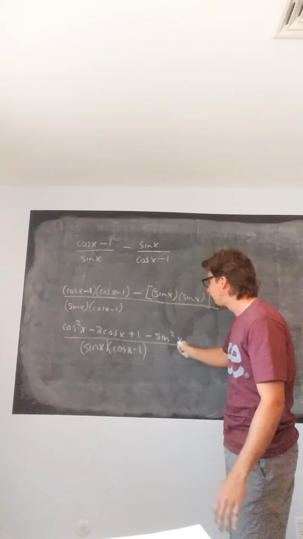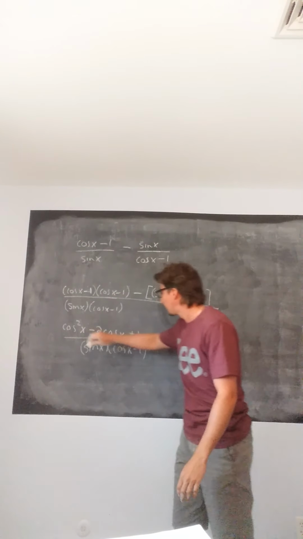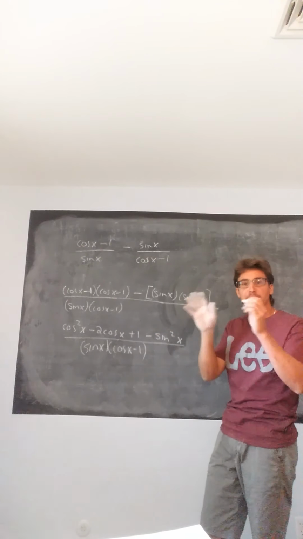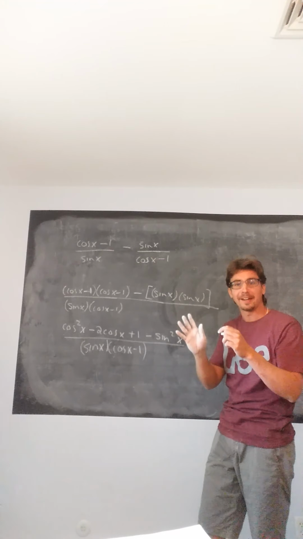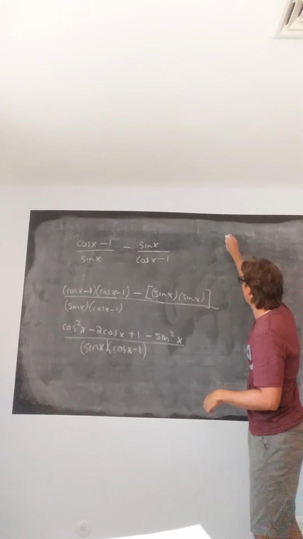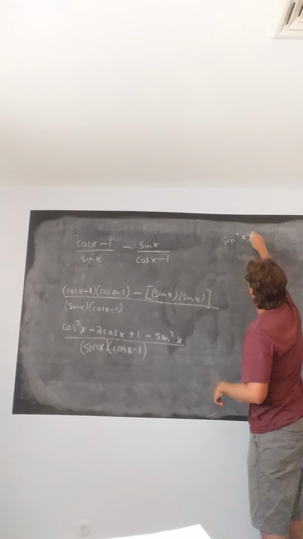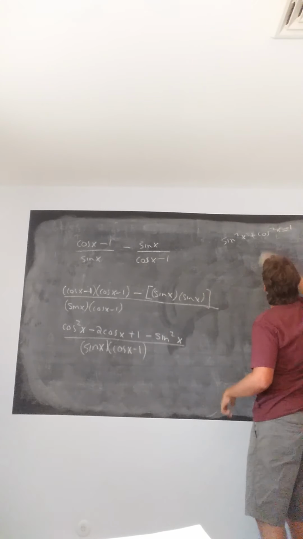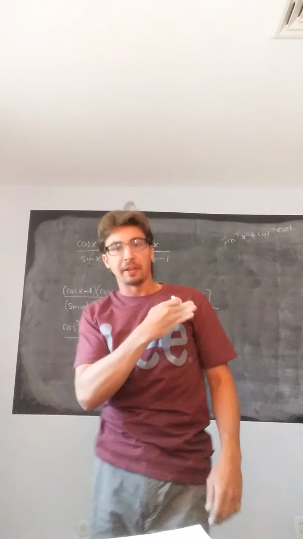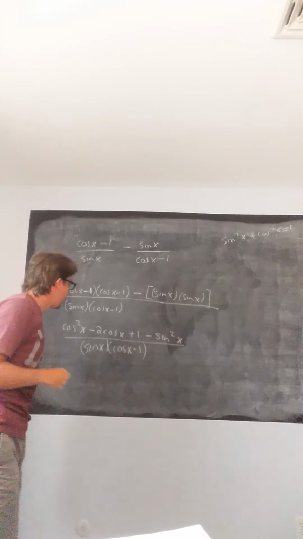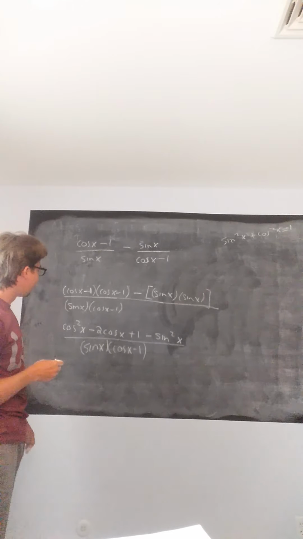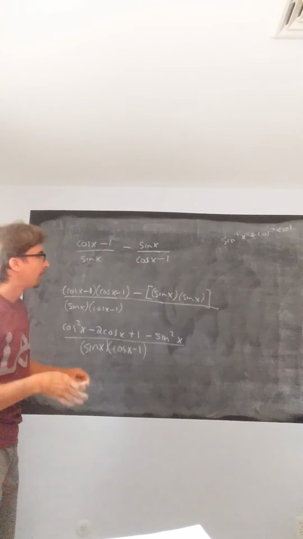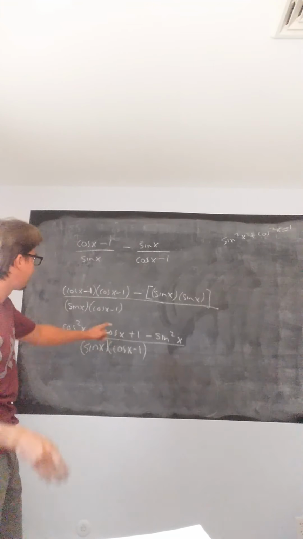And what you have to see here is that you have a cosine squared, a sine squared, and a 1. And all of those float in those formulas, the Pythagorean identity formulas. Remember, we have sine squared x plus cosine squared x is 1. So we're going to use that idea to get us through this problem. For example, if I put the cosine and the sine squared together, it could be 1, but it's not because of a sign problem.